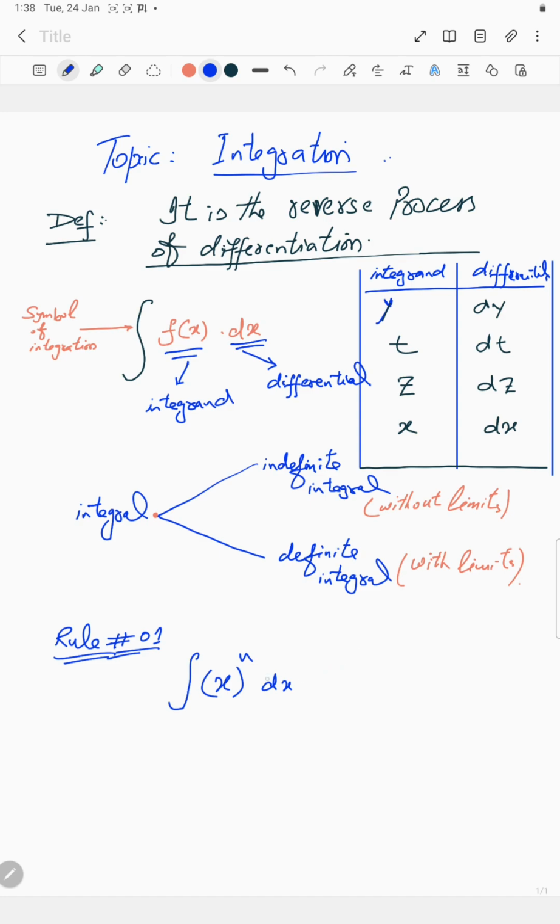So you want to integrate this function, where the function is x. As it is the reverse of differentiation, in which we used to multiply by the power and make the power one less, here you need to write the function, add 1 to the power, and divide by the new power, plus the constant of integration, keeping in mind n plus 1 is not equal to 0.